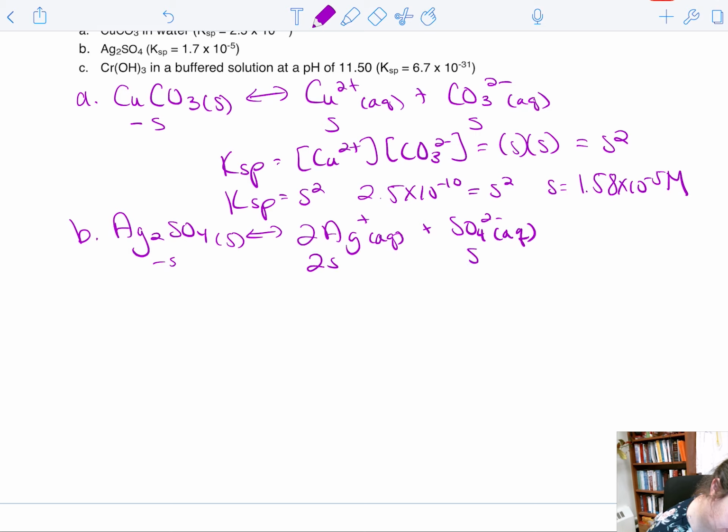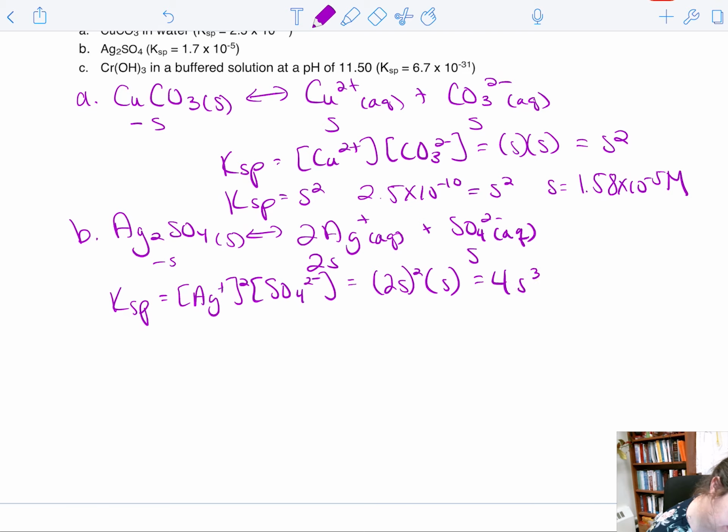So our KSP is equal to Ag plus squared SO4 2 minus, which gives us 2S squared times S, or 4S cubed. So we put in our KSP, 1.7 times 10 to the negative 5 is equal to 4S cubed, giving us a molar solubility of 1.62 times 10 to the negative 2 molar.